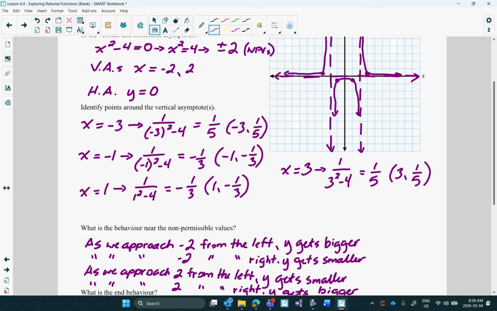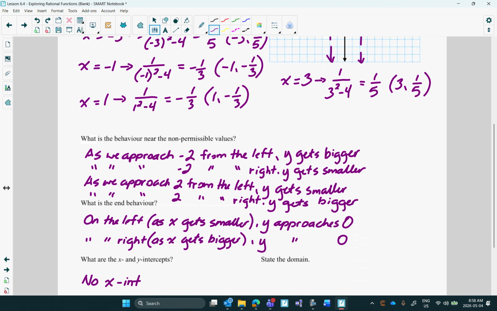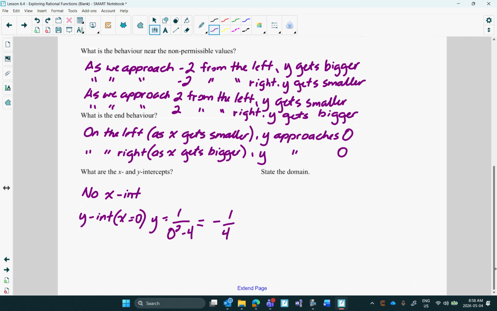Negative infinity goes off to positive infinity, but it doesn't hit two x's. Here and here. There's no point on the graph here. So I would say it can be everything except negative 2 and positive 2. So I would say x not equal to negative 2 and positive 2.